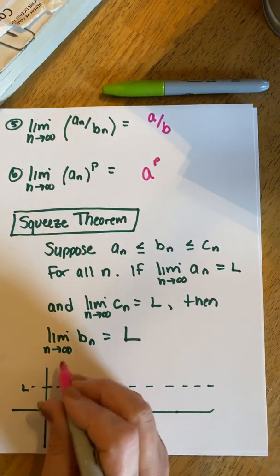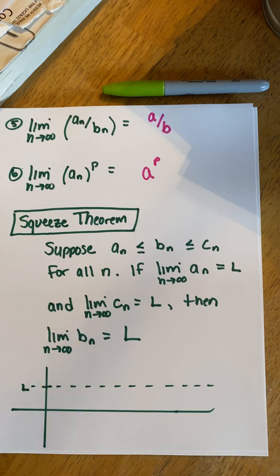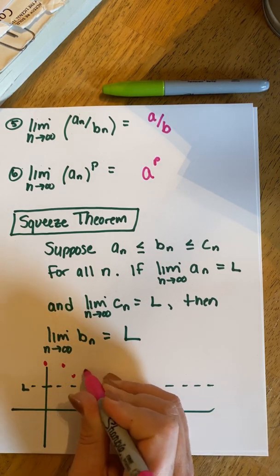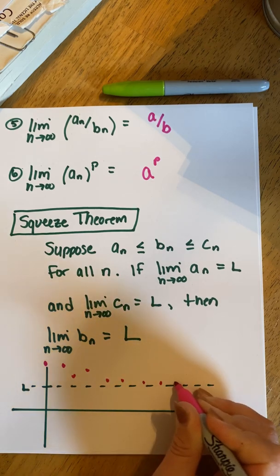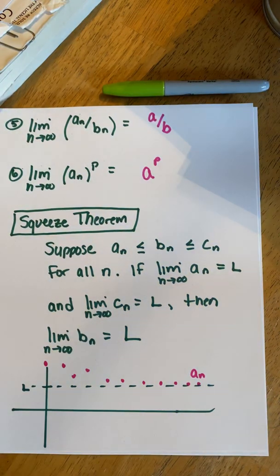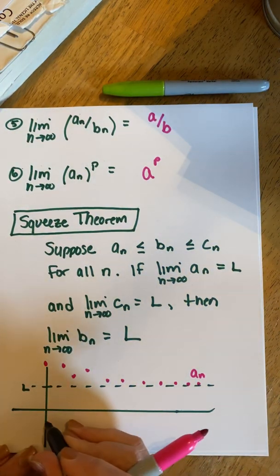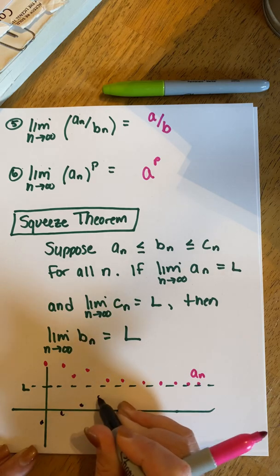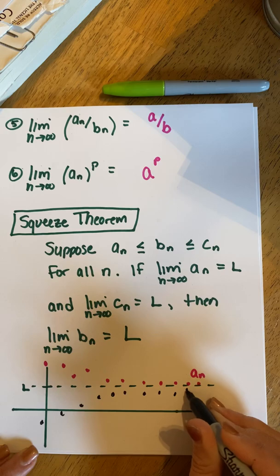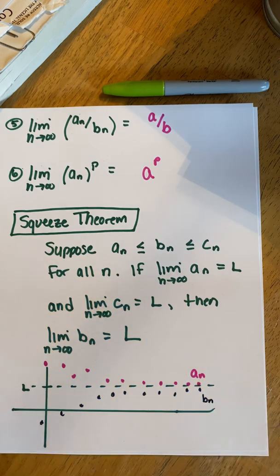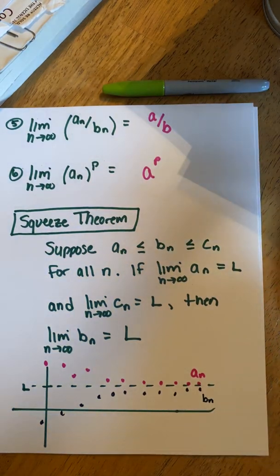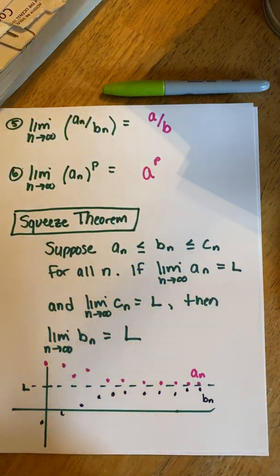So let's suppose an behaved like this, and here it converges to L. I might do some funny things, but eventually it converges to L, so that's an, my red guy. And then let's suppose cn also converges to L, and there's cn in black. And then we have bn, which falls between these two.